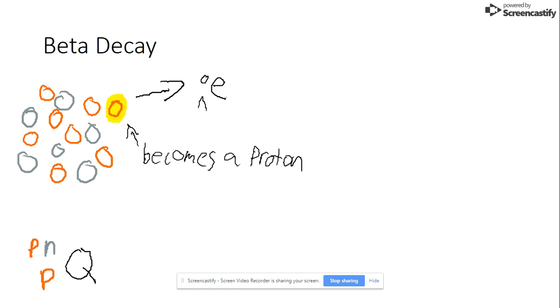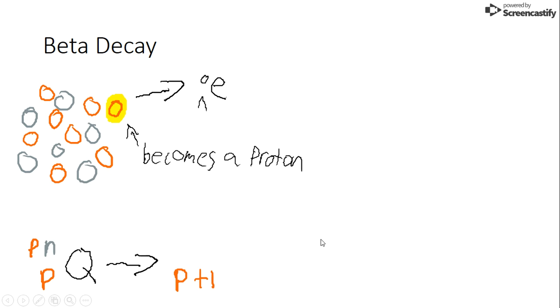Okay, let's go back to the made-up element Q. Again, protons plus neutrons are at the top, and the protons are at the bottom. And since the element gained one proton, we add one proton to the bottom.